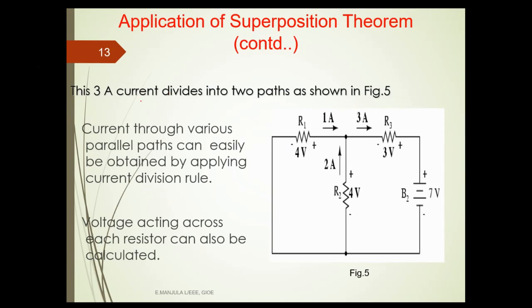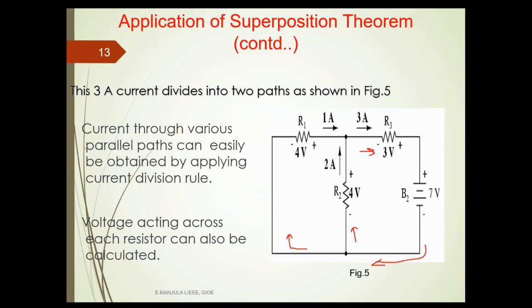So this 3 amps current divides into two parts as shown in the figure. The actual direction is from negative to positive, so the 3 amps will flow like this. It will divide here and again rejoin here. So the current 3 amps is flowing here.